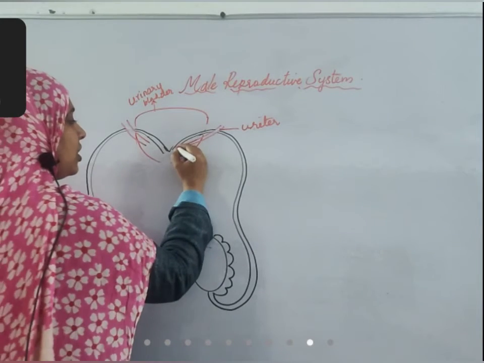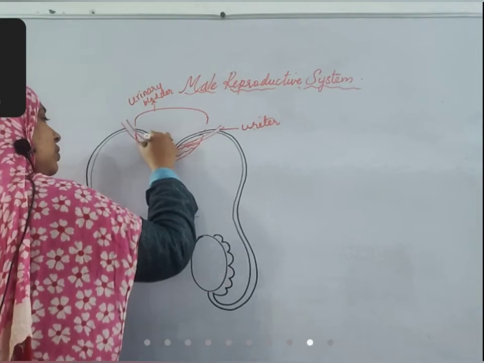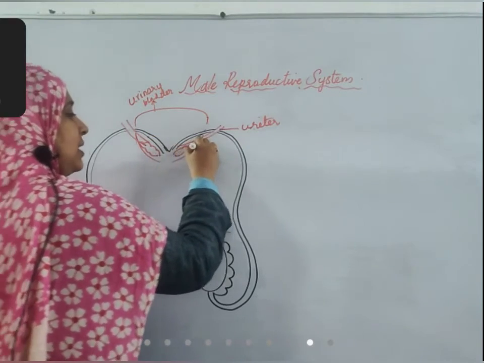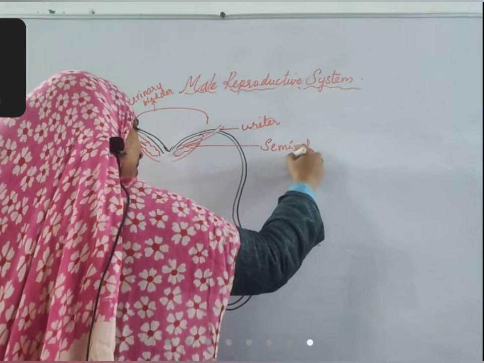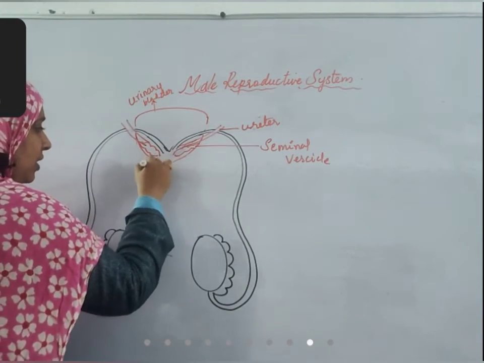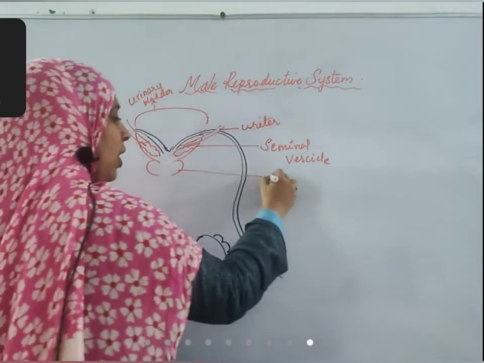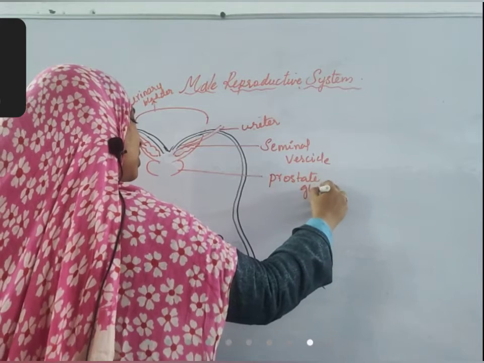In this location, there is one gland. This gland is called seminal vesicle. In this location, there is another gland, called the prostate gland.